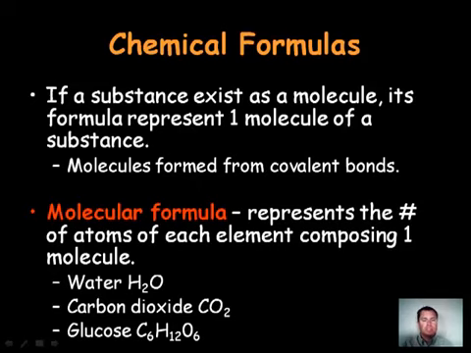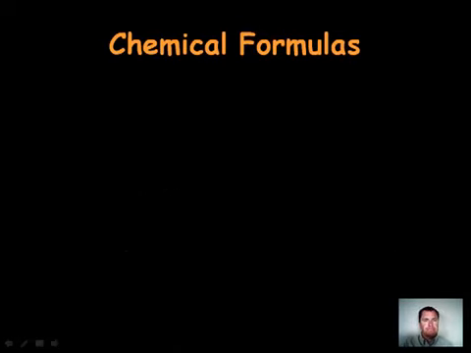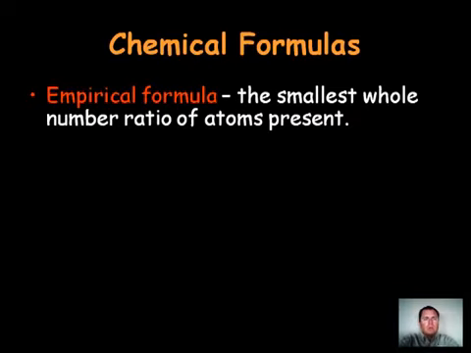Glucose is sugar, the sugar produced as a result of photosynthesis. C6H12O6: 6 carbons, 12 hydrogens, and 6 oxygens. Now, when we were working with ionic compounds, we wanted to get them down to the smallest whole number ratio, or the empirical formula. This is where we crisscross, say a +2 with a -2, and they cancel each other out.